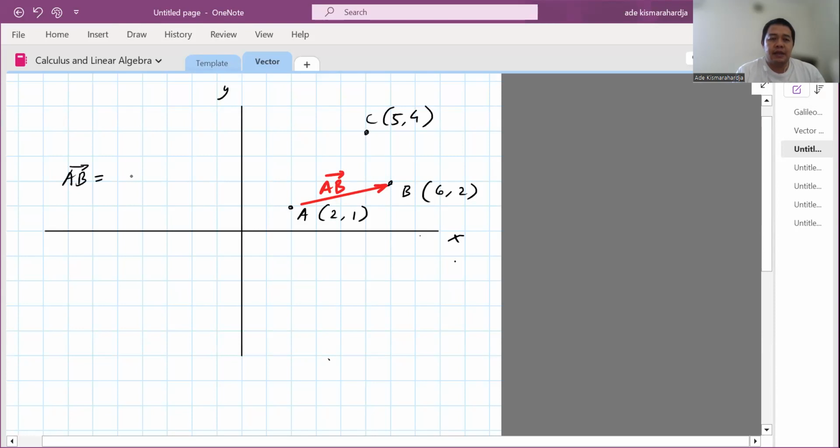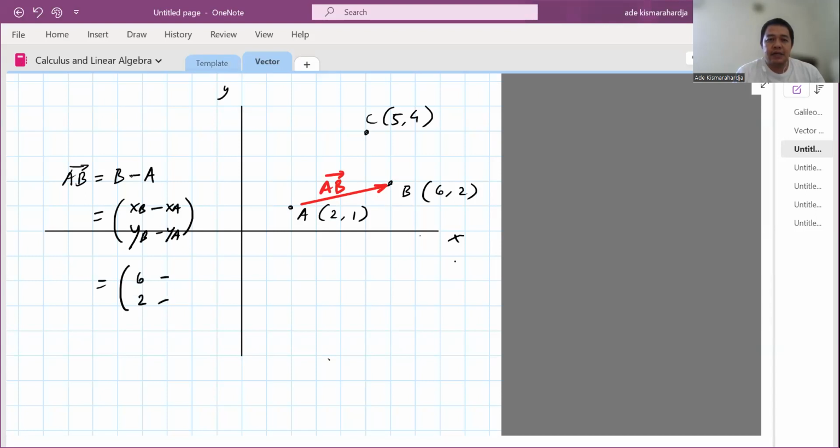Well, we can calculate this by just subtracting the final point minus the initial point. So B minus A. In this case, we have xB minus xA at the top, and then yB minus yA. So in this case, we have 6, and then 2 minus 2, 1. So we have now (4, 1). So that's AB.